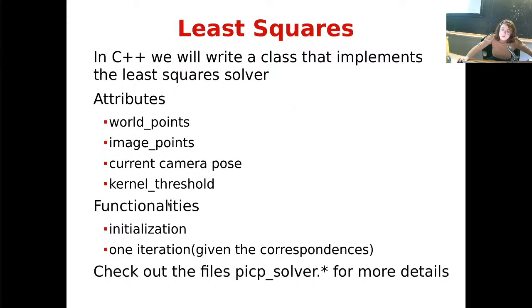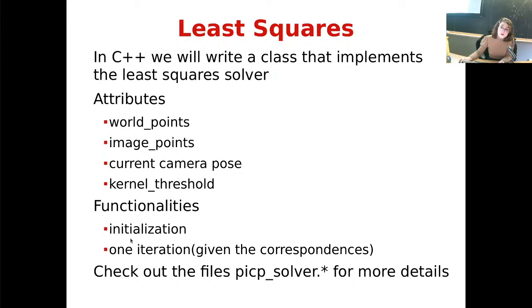The important thing, of course, is that we are mentioning these world points, image points, camera pose, and kernel threshold as attributes because they will all be members of our class, but they have different meanings. Of course, world points and image points, for example, are inputs to our algorithm. But in our implementation, it is convenient that they are members of our class.